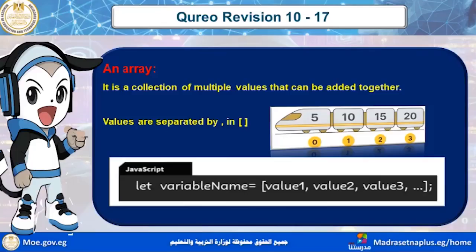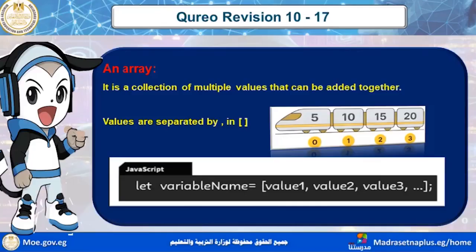If we would like to write an array, we say let variable name equal value 1, value 2, value 3. So an array is a collection of multiple values that can be added together. We can add numbers together. Values are separated by commas in the brackets.